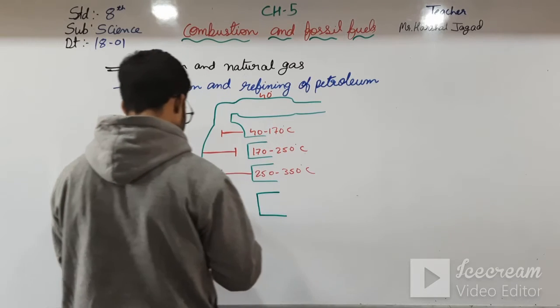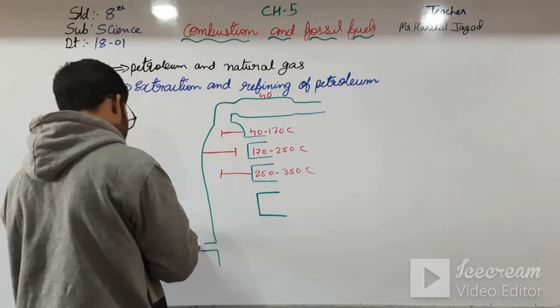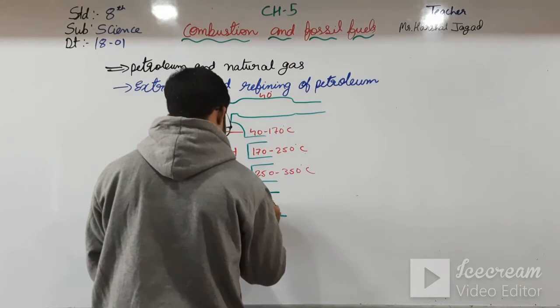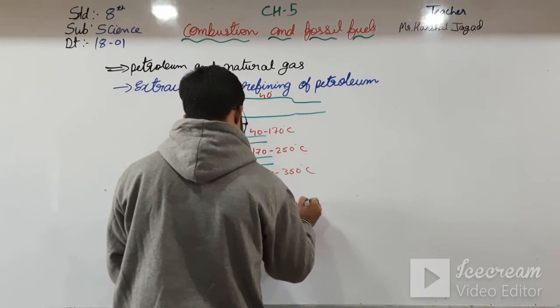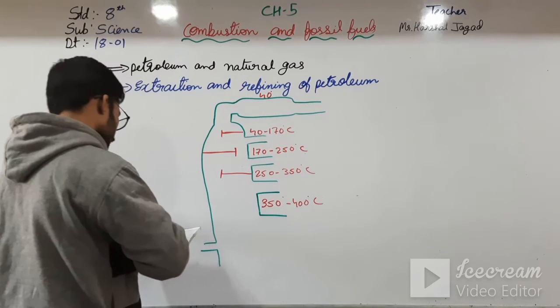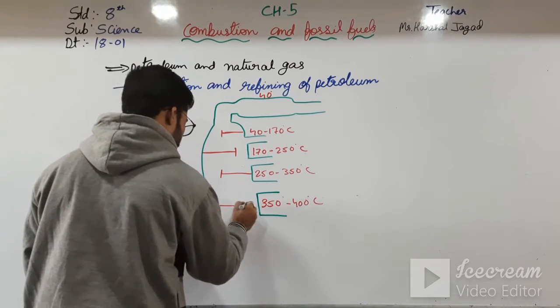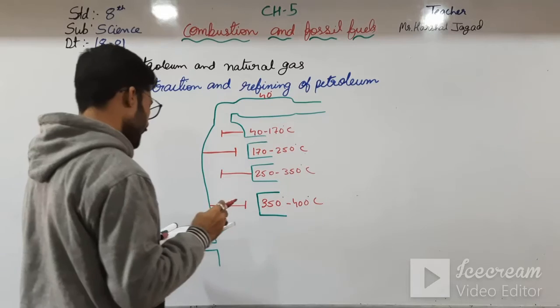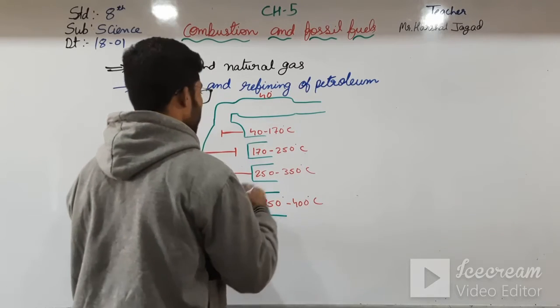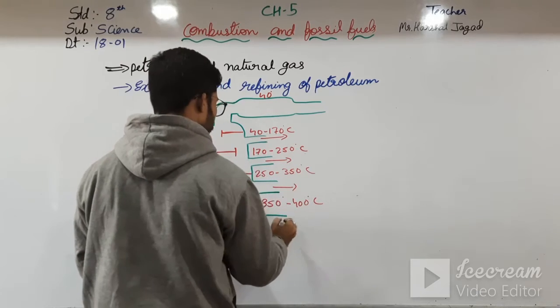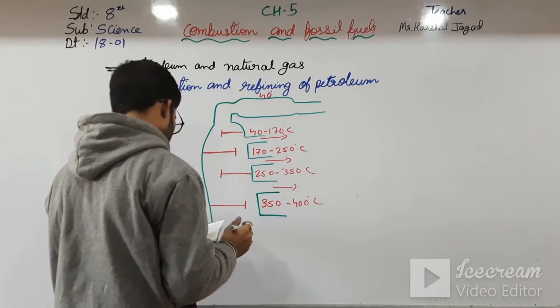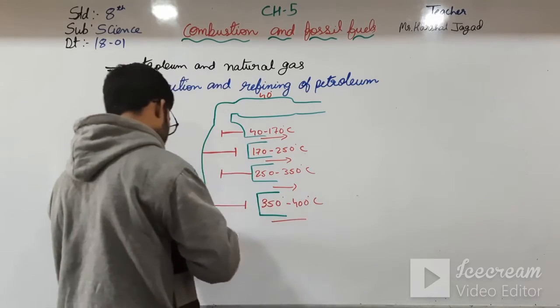Then over here there is another one. Here the temperature is 350 to 400 degrees Celsius. Then over here these are the outlets, okay, students. Then over here there is another.